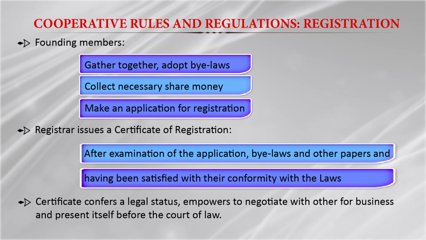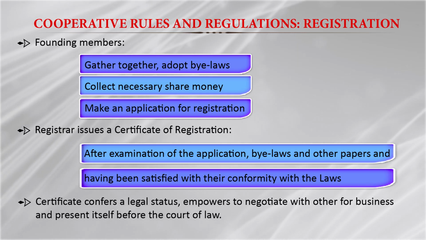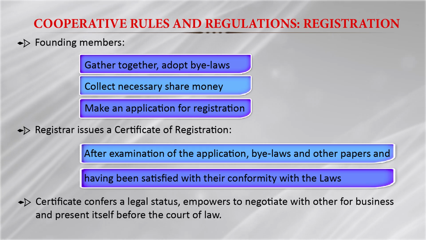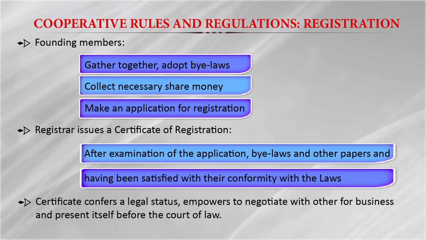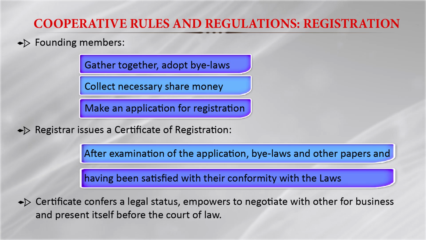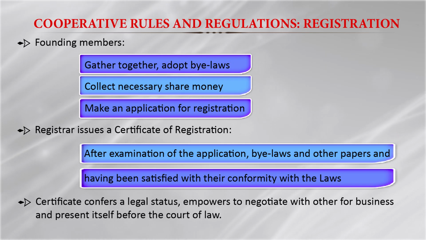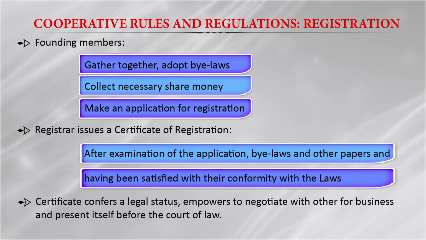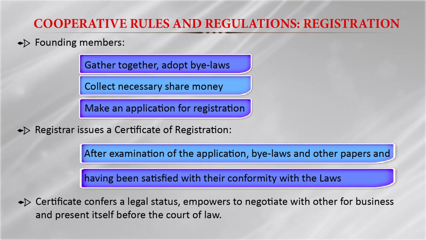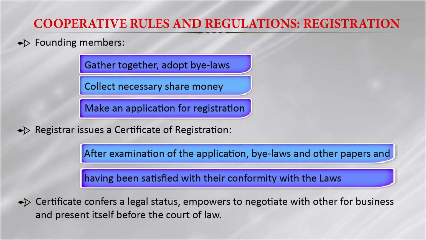That empowers the cooperative society to negotiate with others for business and to present itself before a court of law if any dispute arises. So the certificate of registration is very important, and it provides them the legal authority to work as a cooperative society.